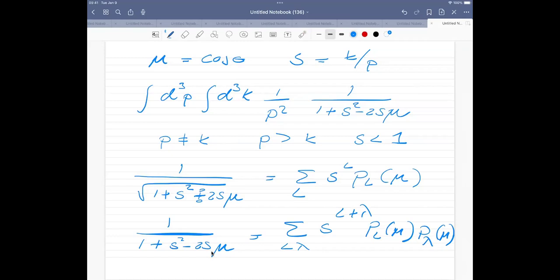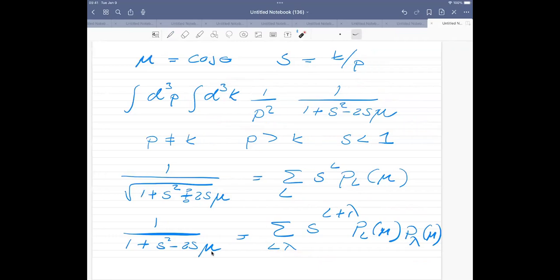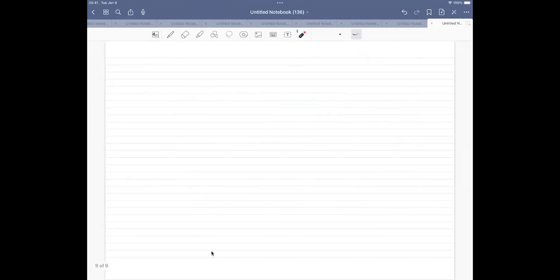So what I'm going to use now is this property, and I'm going to plug it in. And when I perform the integration, I can use the orthogonality of the Legendre polynomials. So if I use that and I look at the integral, I'm looking at a specific case here.